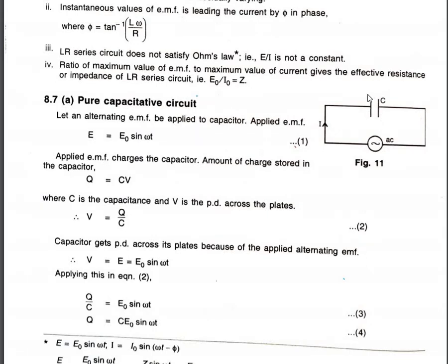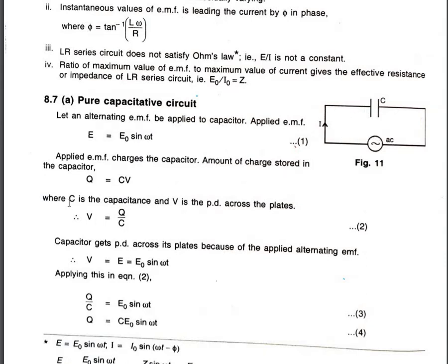So there will be a potential developed between these two plates. The electrons only flow through the conducting wire. They cannot cross inside the capacitor. So this process will continue.